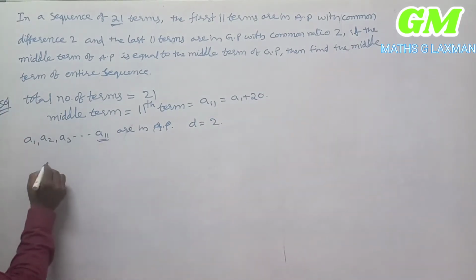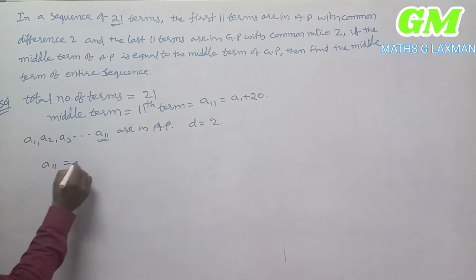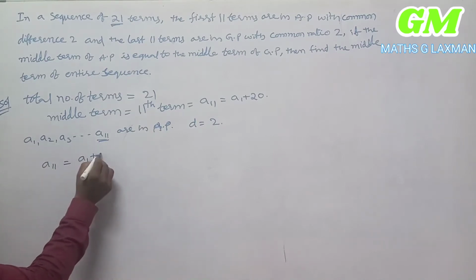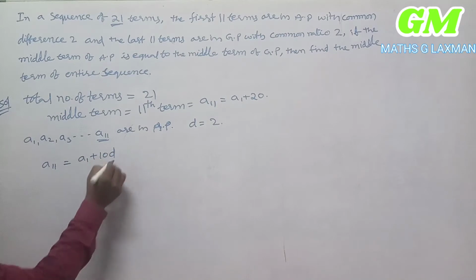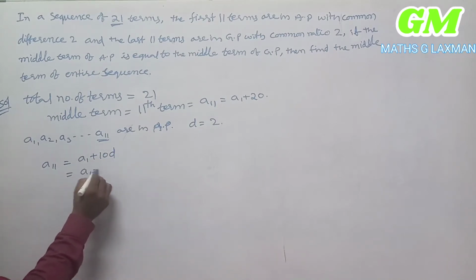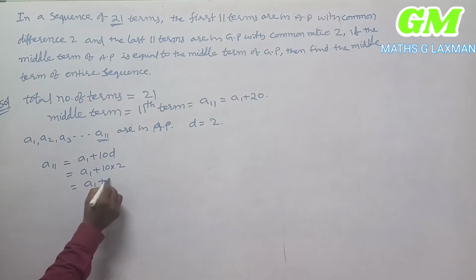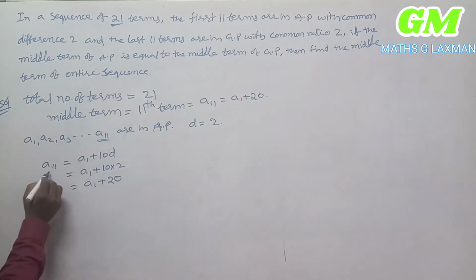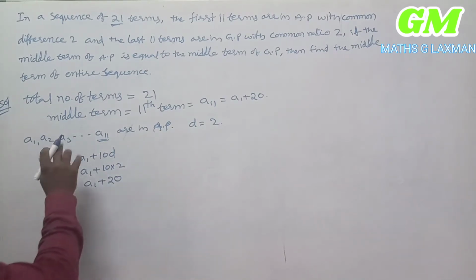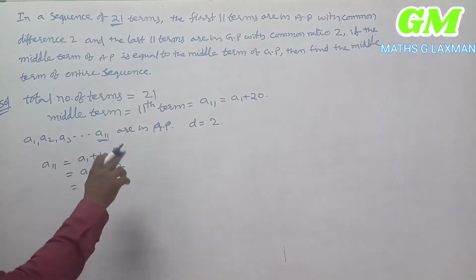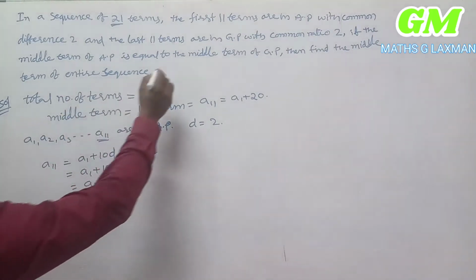So A11 is equal to A1 plus 10 into D, that is equal to A1 plus 10 into 2, so that is A1 plus 20. So the first 11 terms are in AP, then the next 11 terms are in GP.